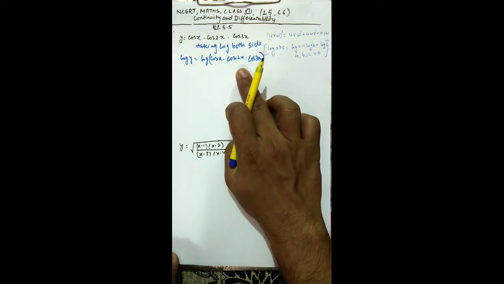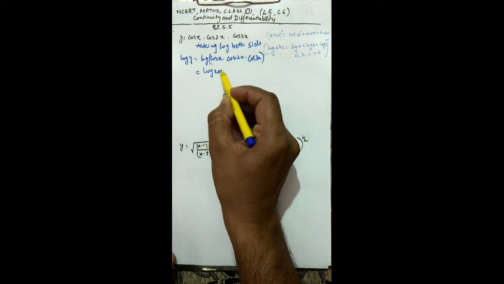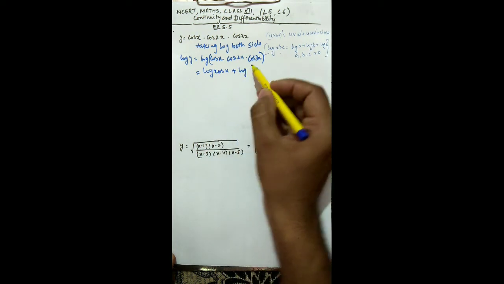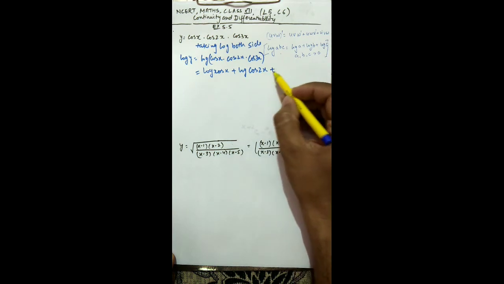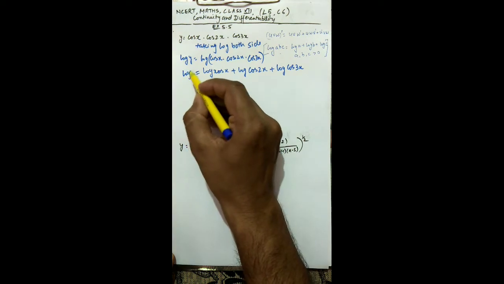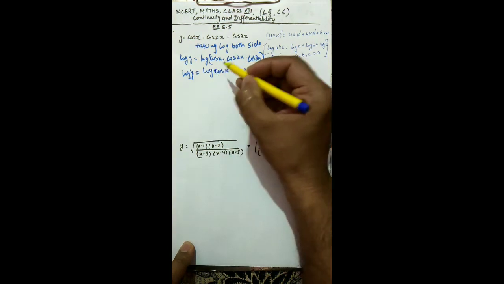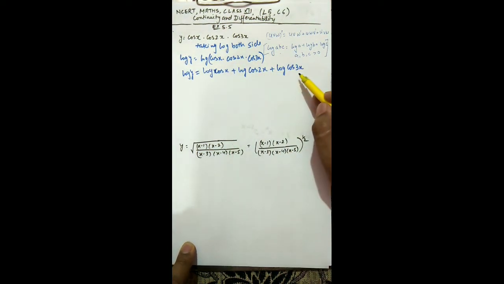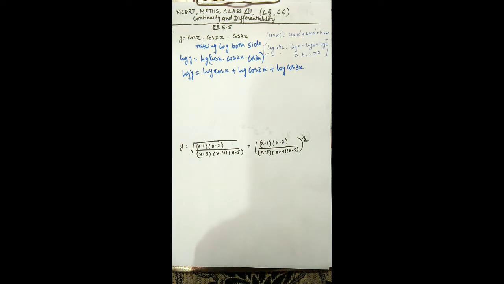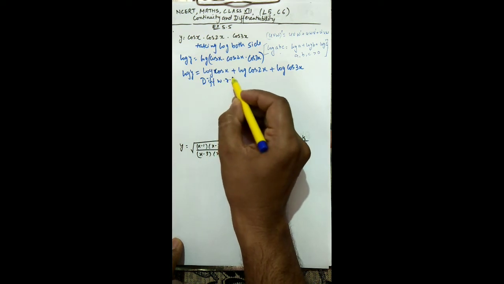And now we'll open this with the help of this formula, and this can be written as log cos x plus log cos 2x plus log cos 3x, and this is log y. So in all these we are assuming that cos x is positive, cos 2x is positive, cos 3x is positive, because you should remember one thing, that the log x function is defined for only positive values of x. So now we differentiate with respect to x.